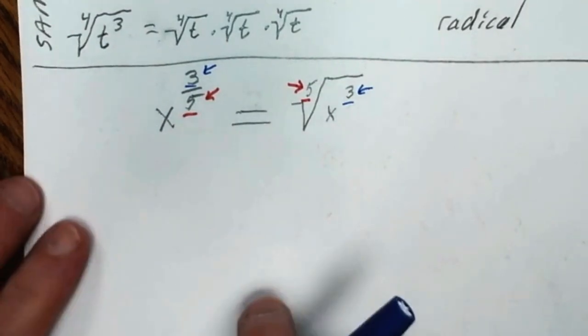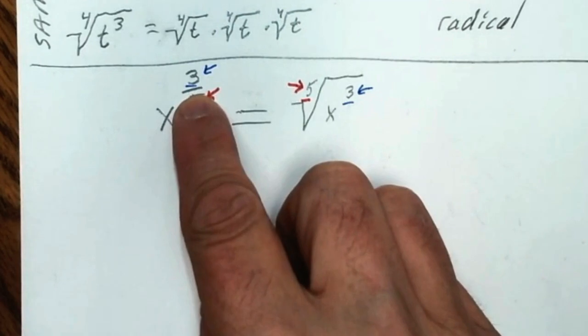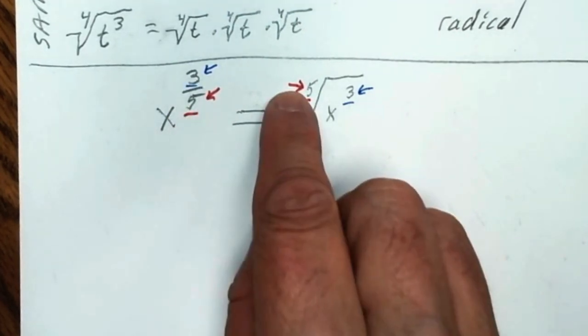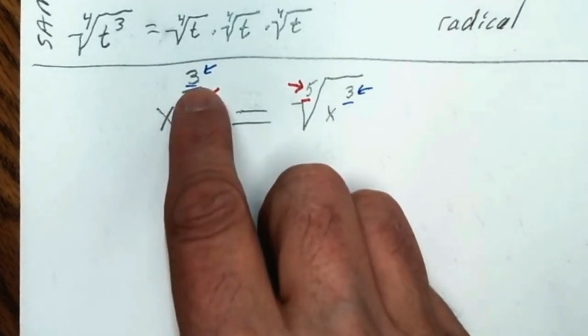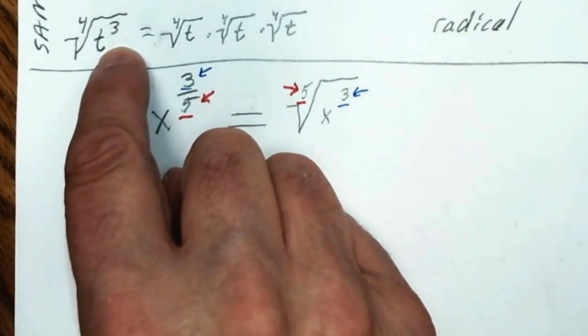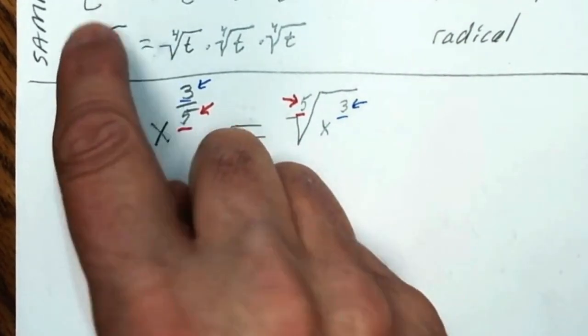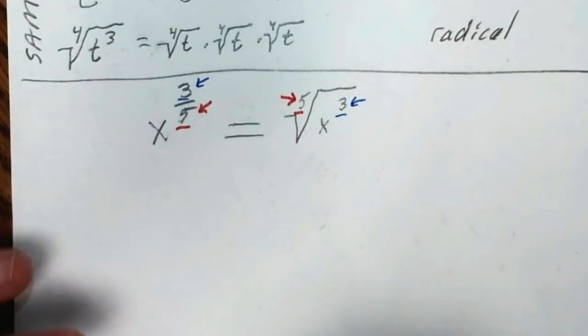So this is basically, if you're looking at it, it's x to the 3rd power. And then what's underneath there, we're taking the 5th root of that. We're taking the 5th root of x to whatever's on top. See, this was t to the 3rd power, so the t to the 3rd goes underneath here. But it's being taken to the 4th root, where this is being taken to the 5th root. So understand how to convert that.